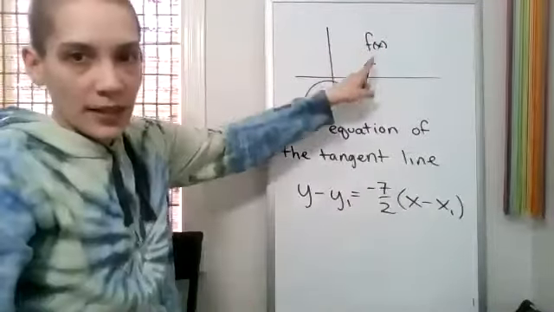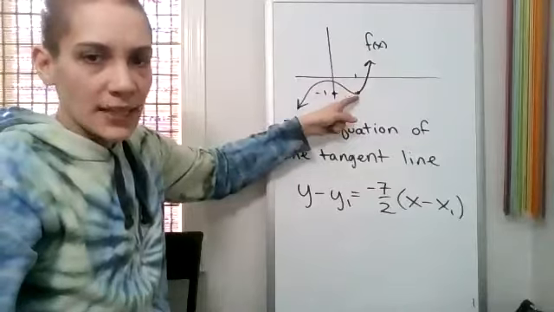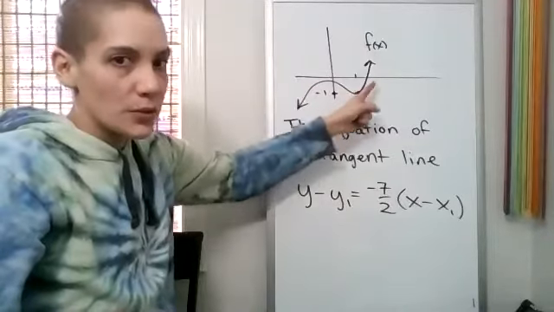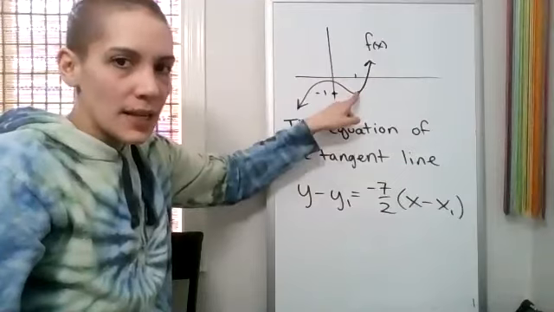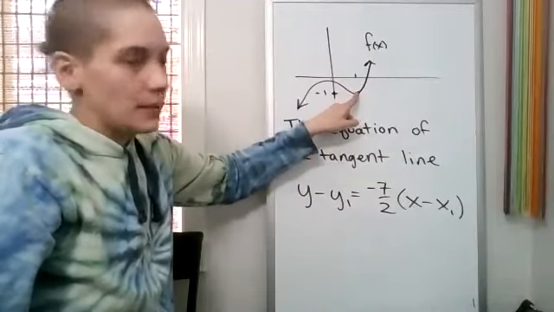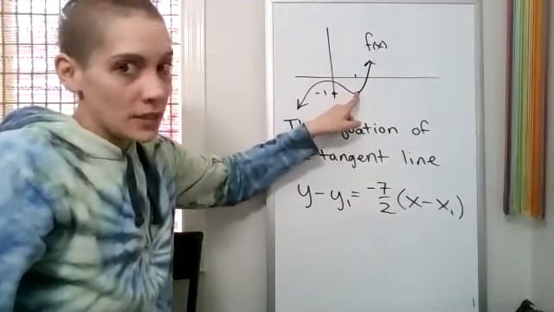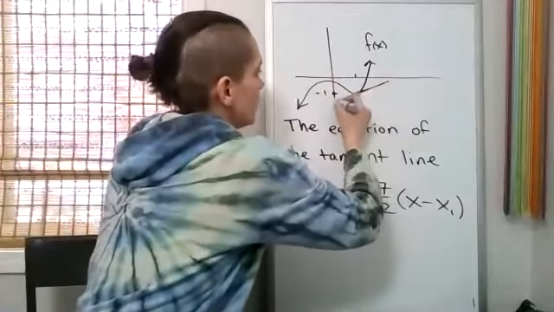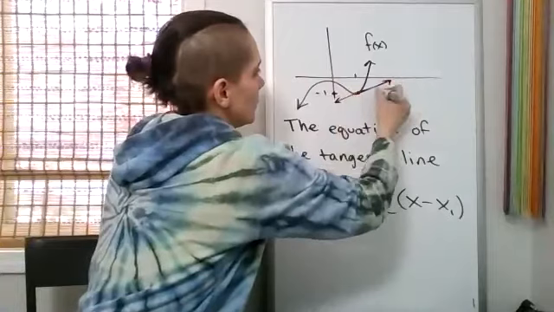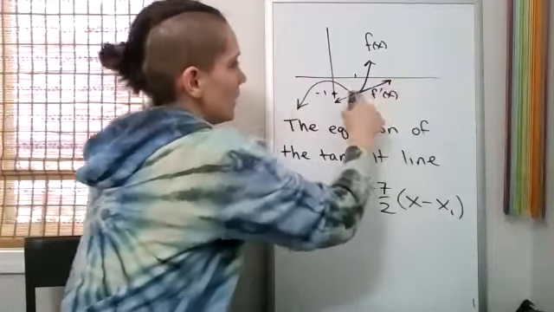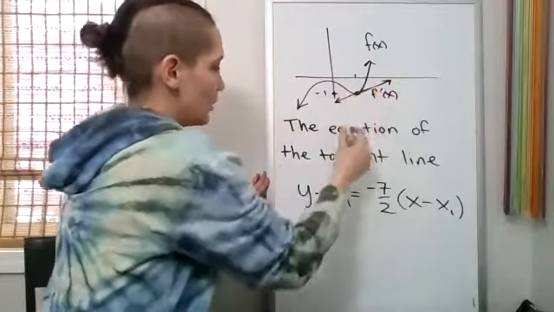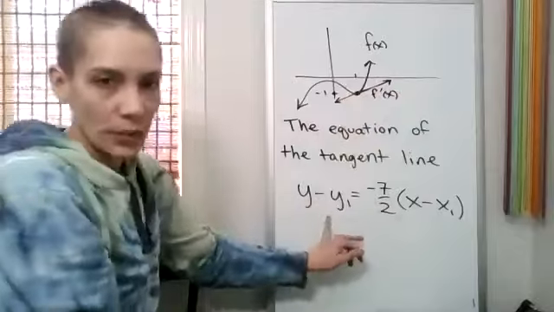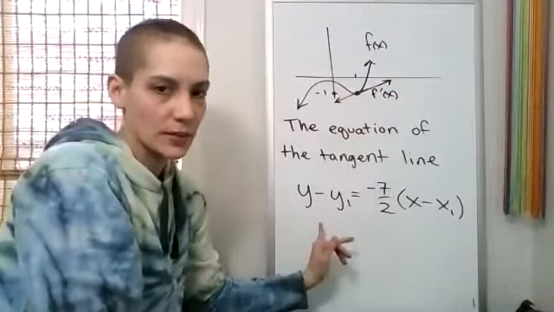This function f of x goes through 1, negative 1, and the tangent line also goes through that point because it's sitting right there, going through that point and tangent to that curve. So it's a point that we can use for our x and y values.